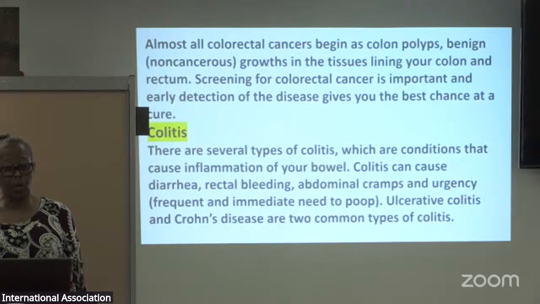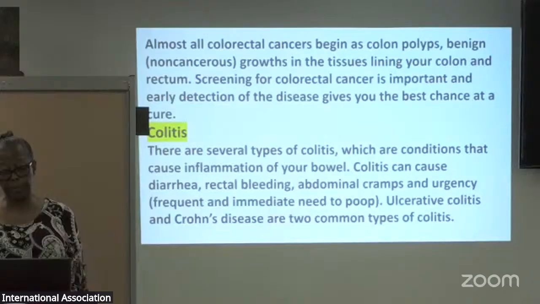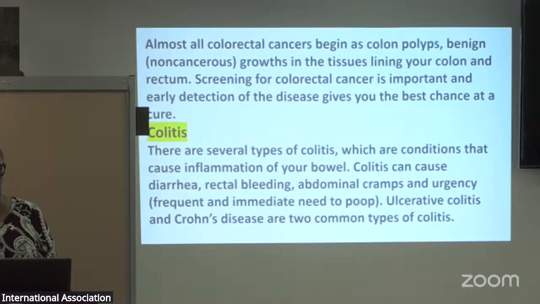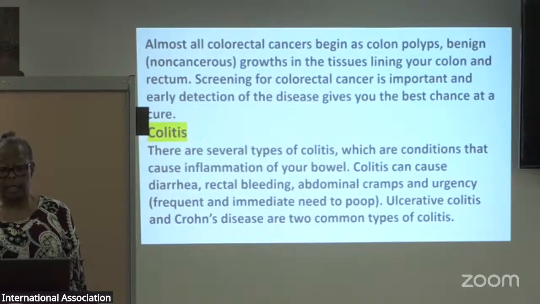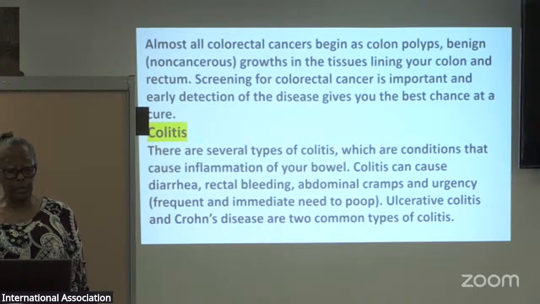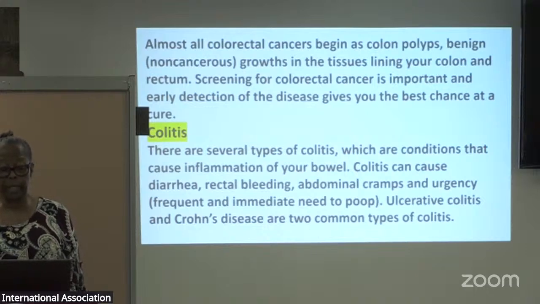Almost all colorectal cancer begins as a colon polyp, a benign, which means non-cancerous, growth in the tissue lining your colon and rectum. Screening for colorectal cancer is important, and early detection of the disease gives you the best chance of a cure.